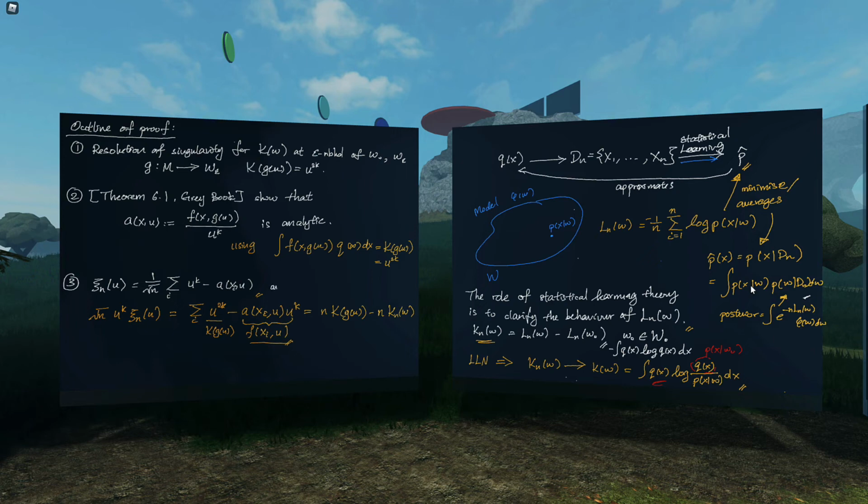And the crucial step in that is to show that A of x, I'm going to write u naught, the second moment is a constant, right? And u naught is in the pullback of the set of true parameters.